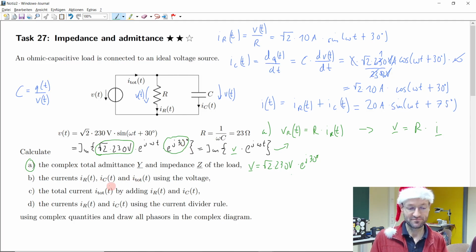Okay, so then we can now really start with subtask A and say what is the complex total admittance and impedance of the load.